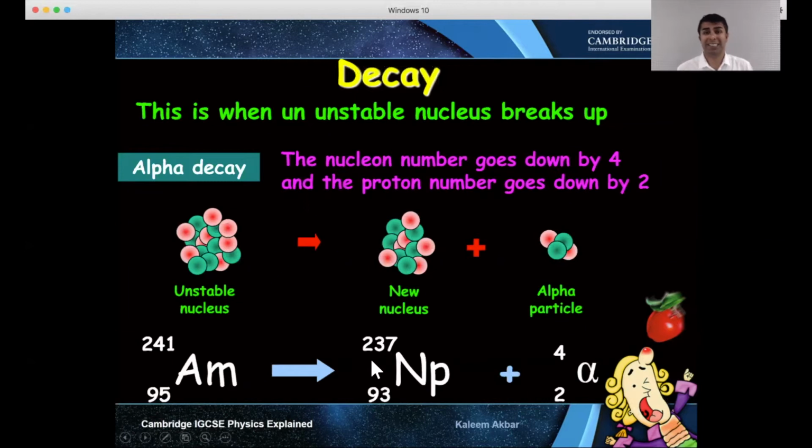Your job, quite simply, is to make sure the numbers on the left and the numbers on the right-hand side match up. In other words, the equations are balanced in terms of mass numbers and atomic numbers. 241 minus 4 is 237. 95 minus 2 is 93.